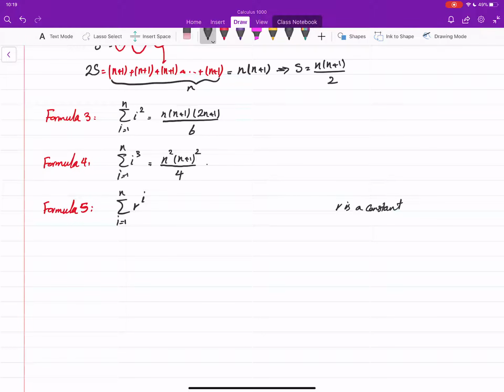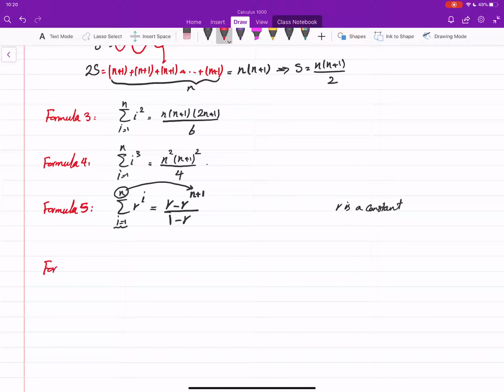I'm not writing it here, but the formula is going to be r minus r to the power n plus 1, over 1 minus r. Some things that you have to note: i starts from 1 to n, and then here you have r to the power 1 bigger than the end index.